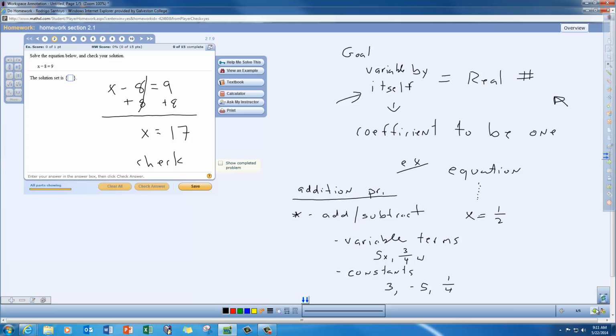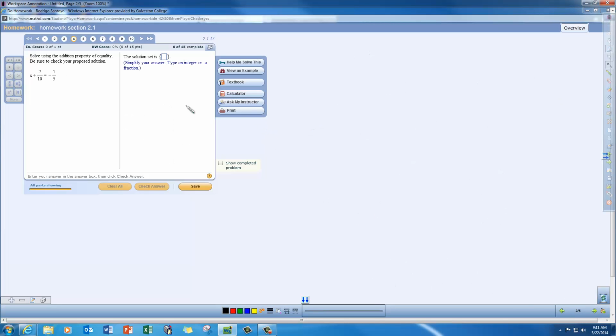Okay, let's look at the next problem. Once again, still doing the same thing. Our equation is x plus 7 over 10 equals -1 over 5. Our goal here, once again, is to get x on one side of the equal sign. Right now, on the left side of the equal sign, we have x plus 7 over 10.